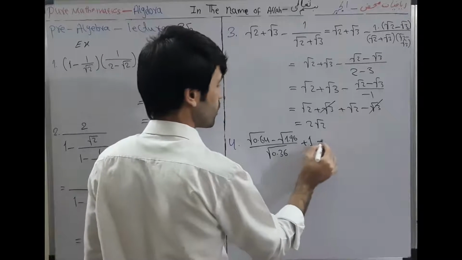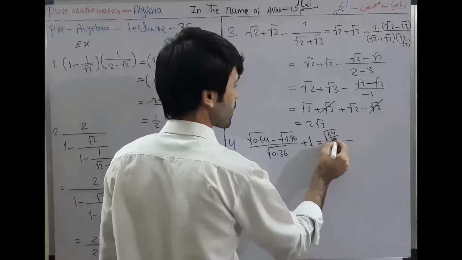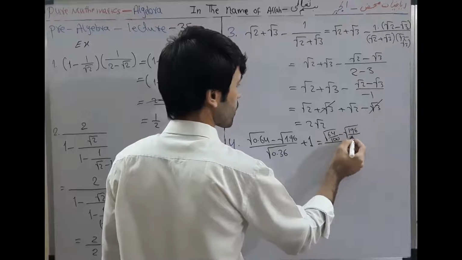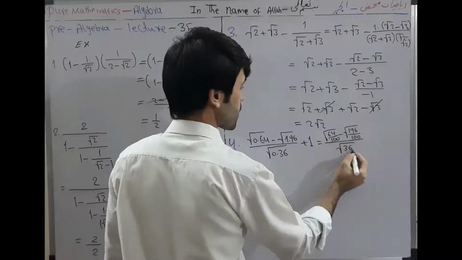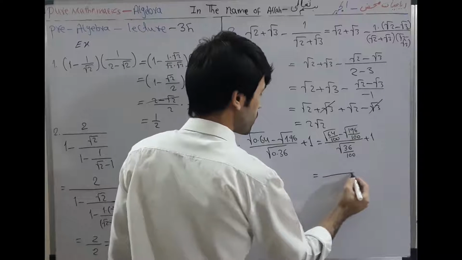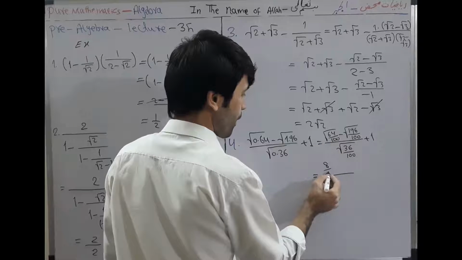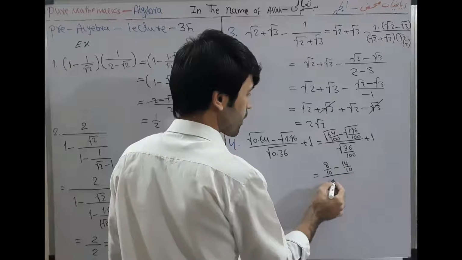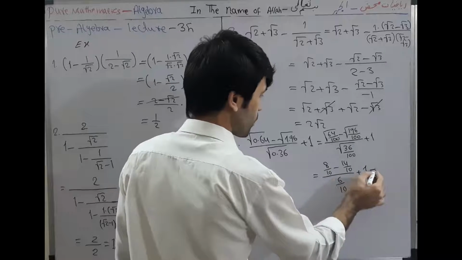It is equal to square root of 64 over 100 minus square root of 196 over 100 over square root of 36 over 100 plus 1. It is equal to 64, the square root of 64 is 8 over 10 minus 14 over 10 over 6 over 10 plus 1.